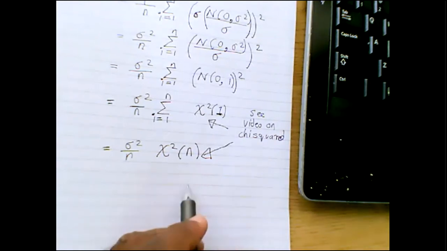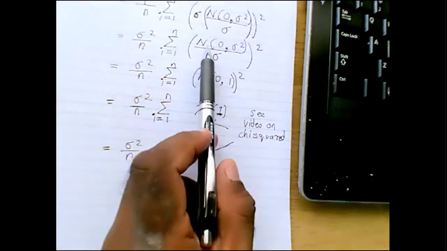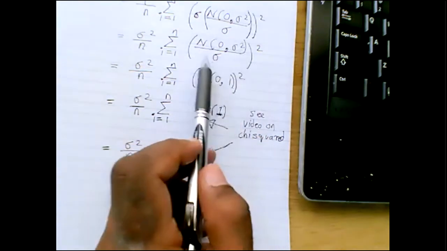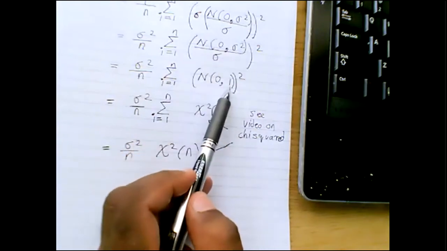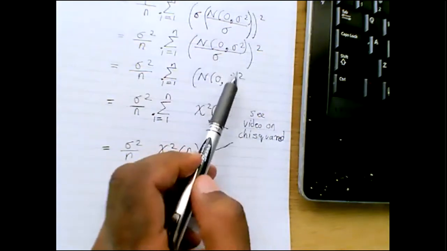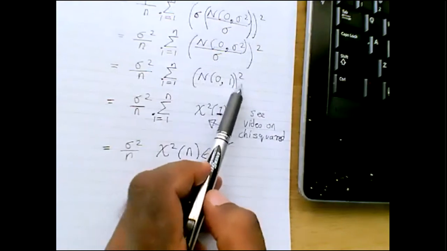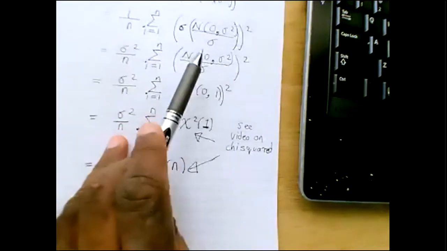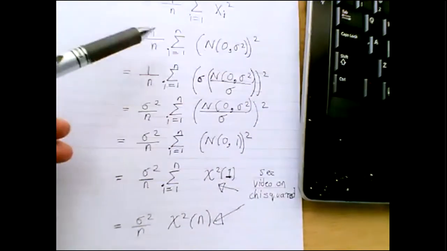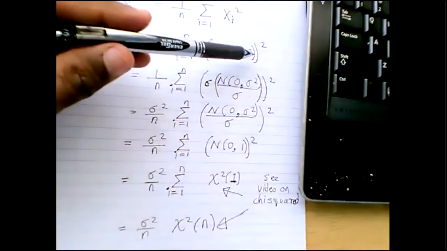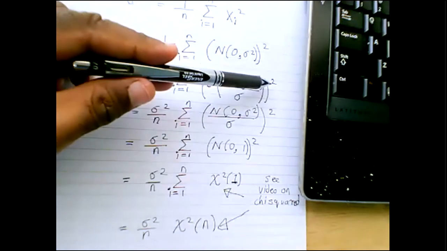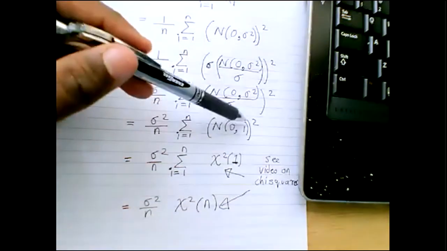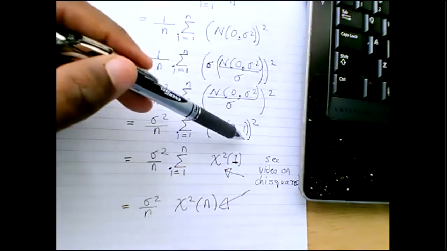Why is it squared? Because you have a square here. This guy here reduces to N(0,1), so what you have is the square of N(0,1). From the beginning, you have a square here, and here, and here, so you need to keep the square all the way.